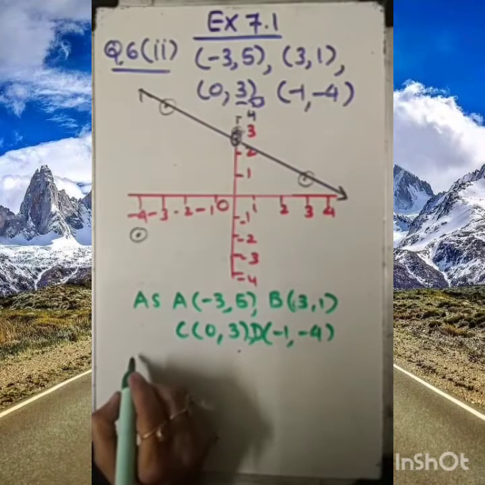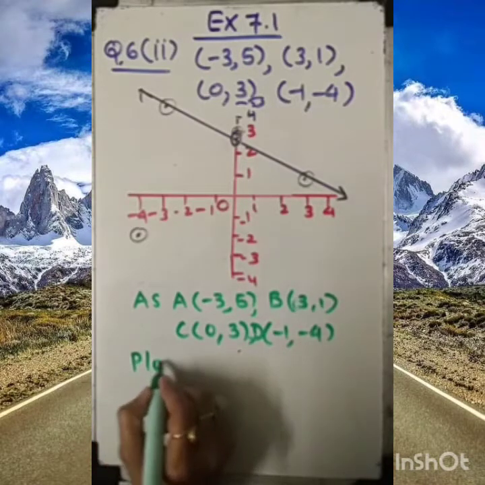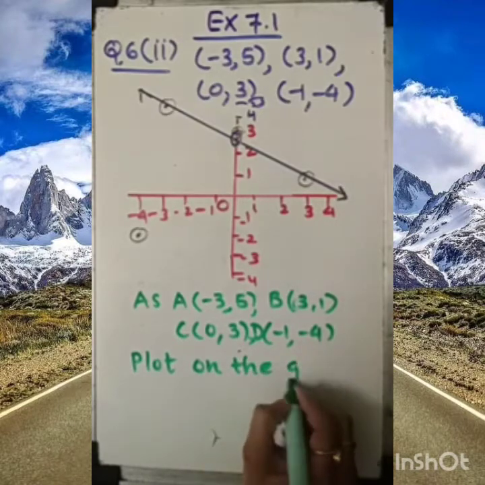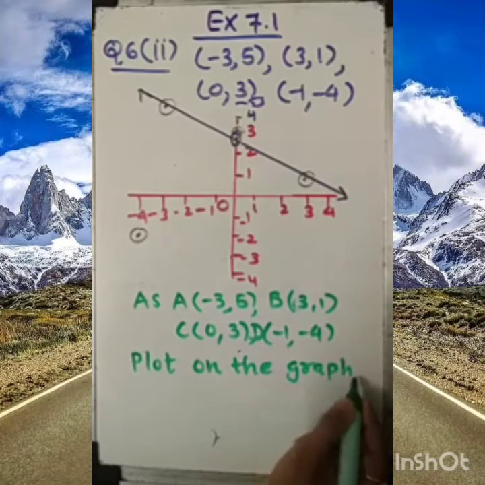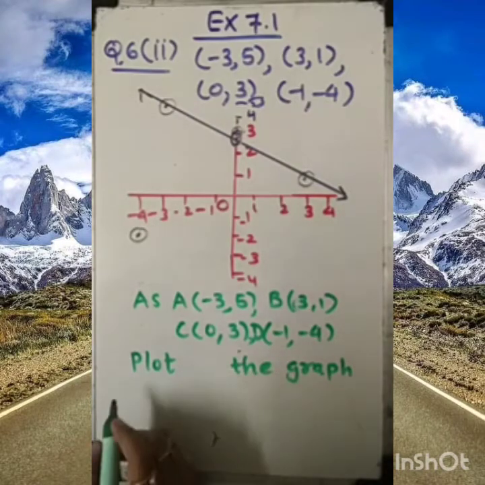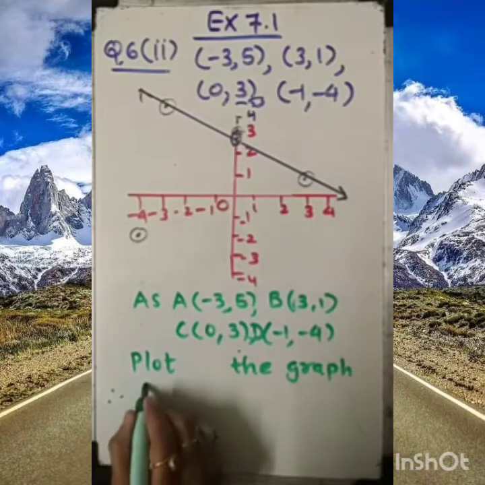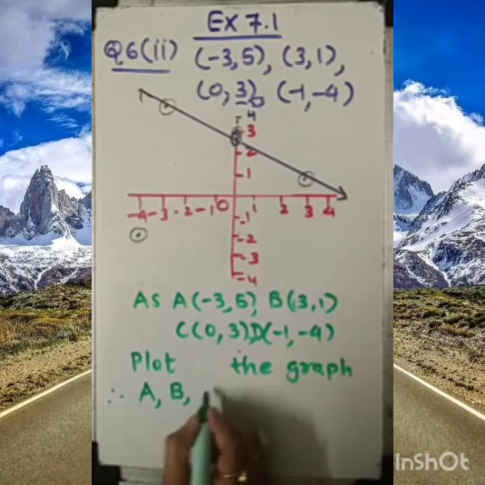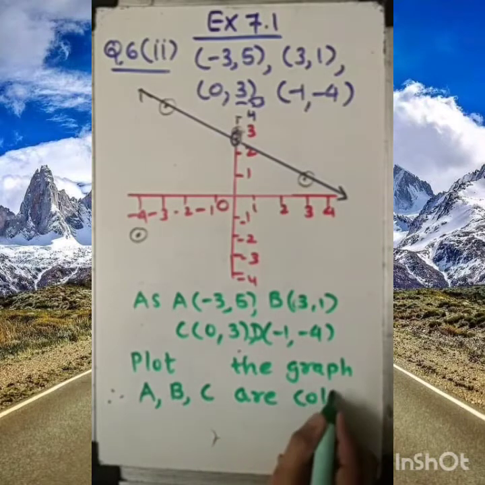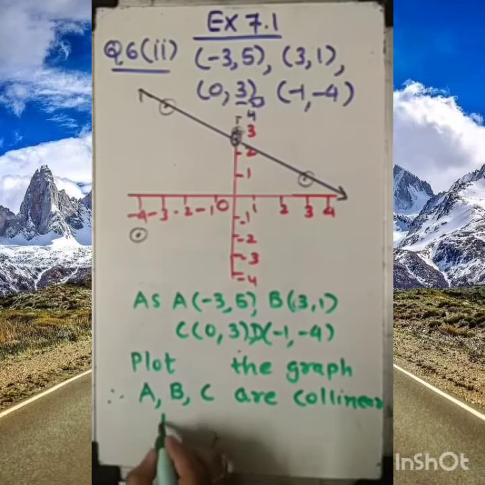Now, if we plot these on the graph paper, then we can come to the conclusion that A, B, and C are collinear points.